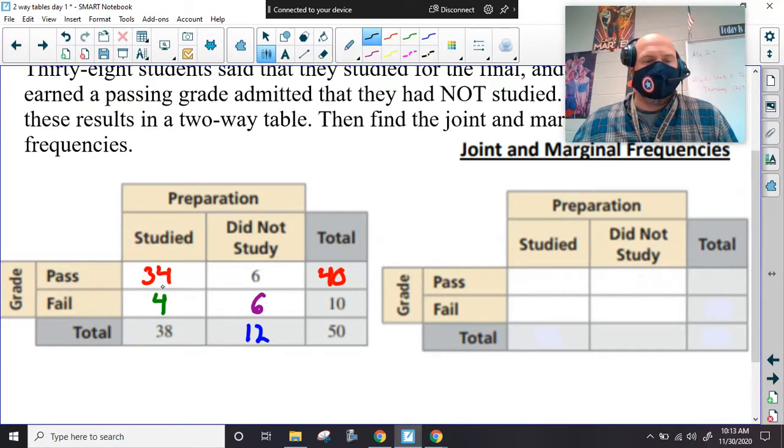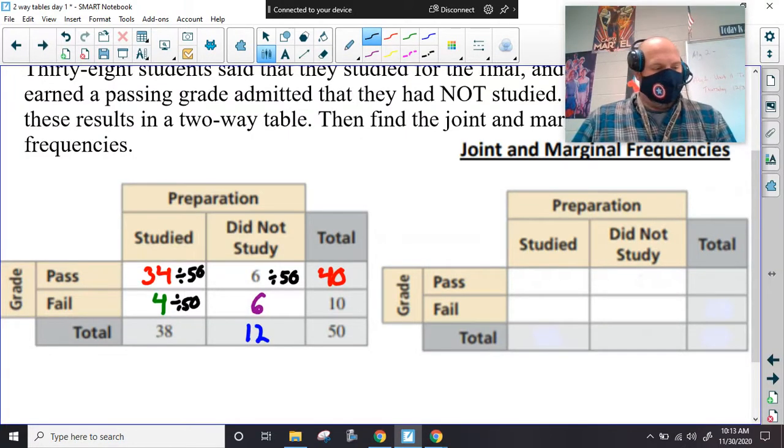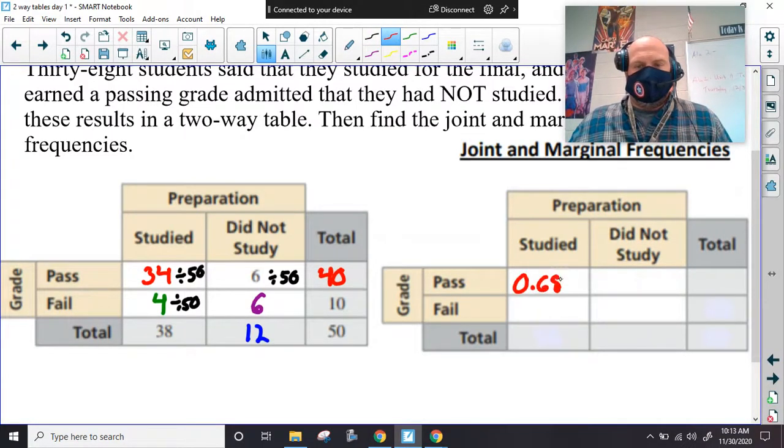All right. So now what we're going to do is take these numbers and divide each of them by 50. Okay. It should be pretty easy. 34 divided by 50. All right. So this is 0.68. 4 divided by 50.